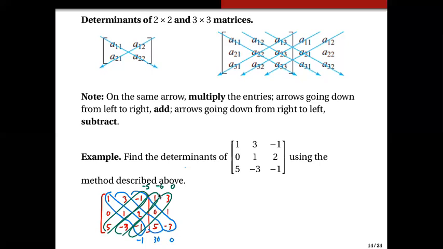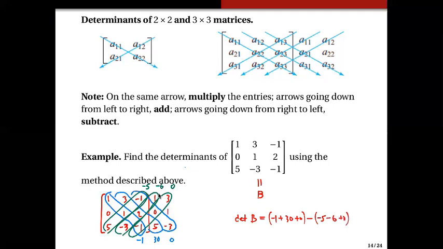So if I label this as the matrix B, we have the determinant of B. Determinant of B is equal to, for the blue ones we add, so negative 1 plus 30 plus 0, minus, for the green ones we subtract, negative 5 minus 6, and then here.